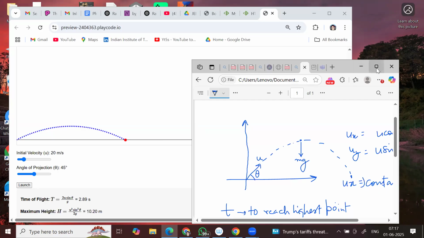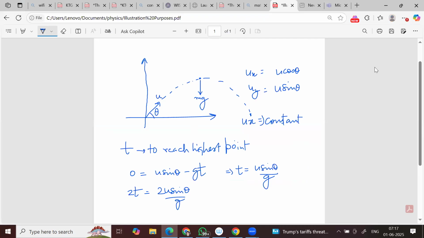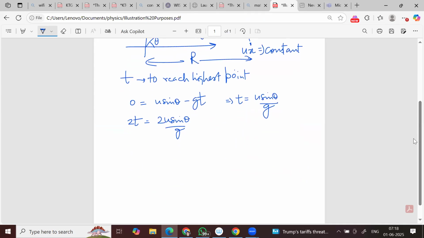Now, the second concept here is the range that the projectile covers. So let's see how to get that. Since the horizontal velocity is constant throughout the flight, I can say that ux times the total time of flight gives me the range.